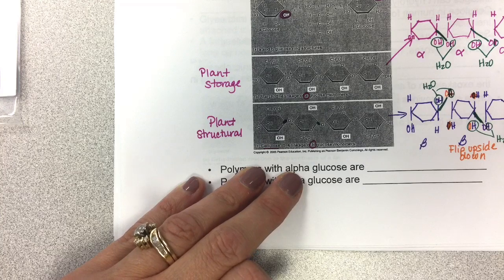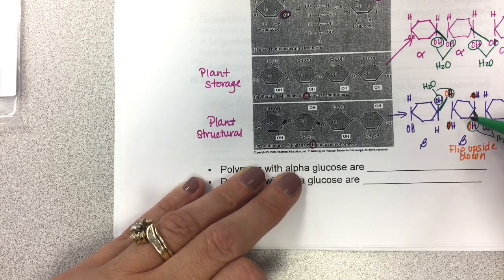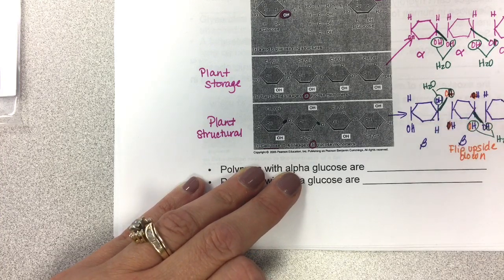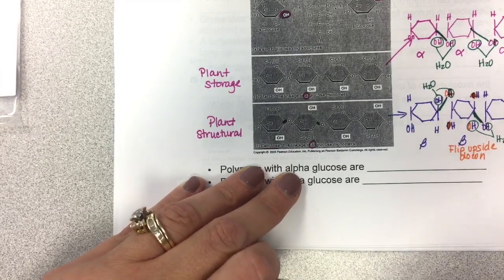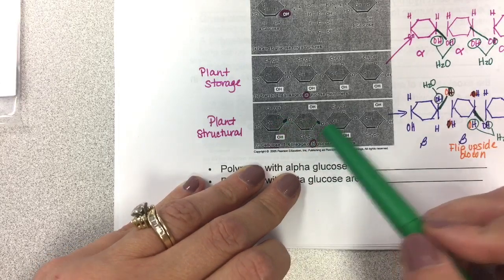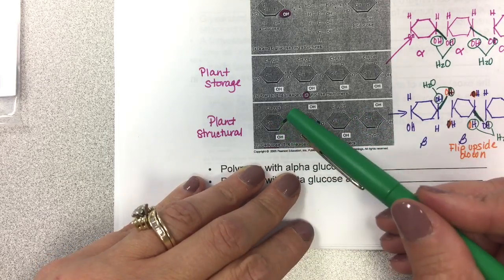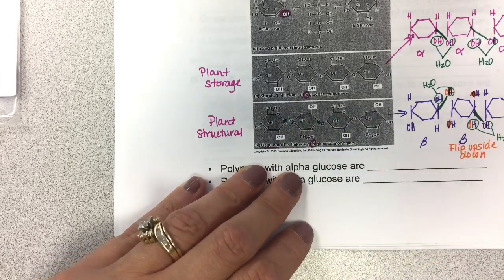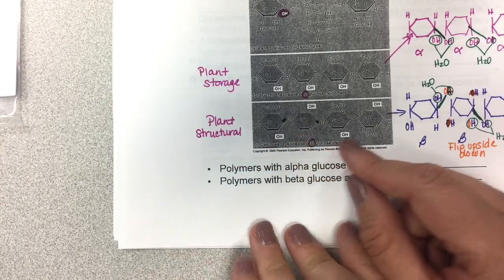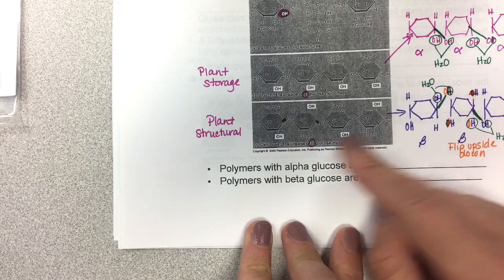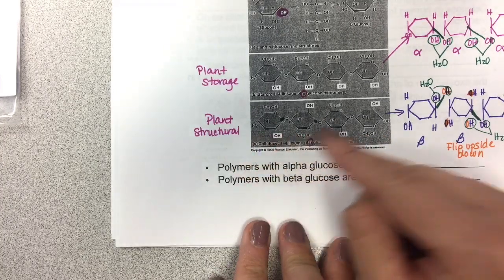So you can see that if I do another beta, I'm going to have the same problem that I did originally here, and then we'll have to flip it upside down and so on and so forth. And so you get these alternating kind of bonds here. And therefore that actually affects the structure of the molecule, which actually makes it a stronger molecule.